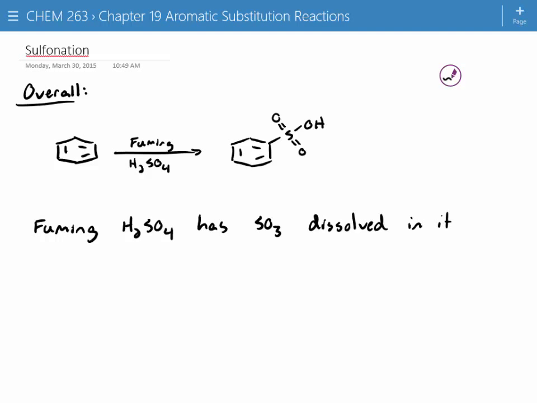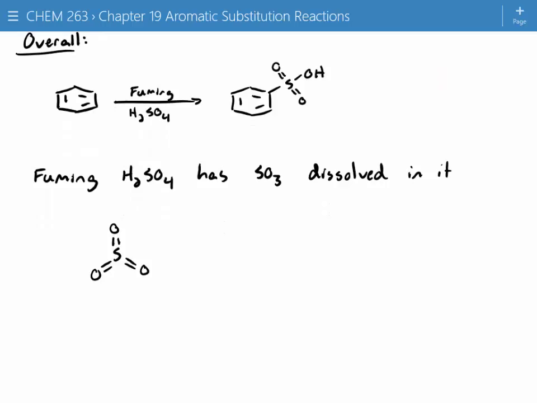And in particular, if you think about SO3, it's got sulfur that's double bonded to 2 oxygens. The weird thing about this is these pi bonds are really, really weak pi bonds. Some people don't even draw them as double bonds because they don't think that it's very accurately represented as a double bond.